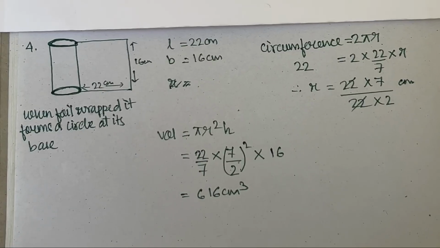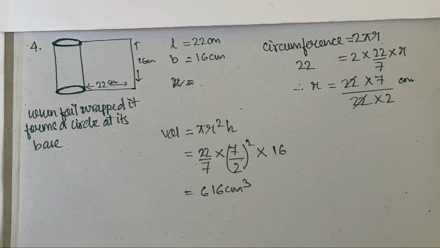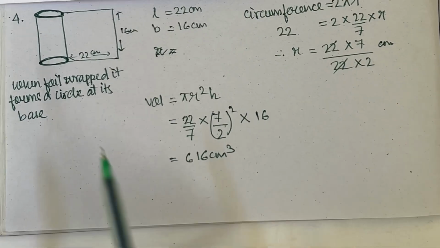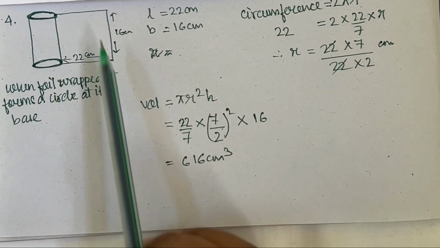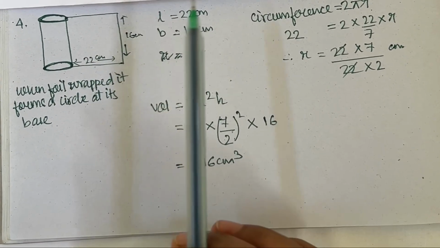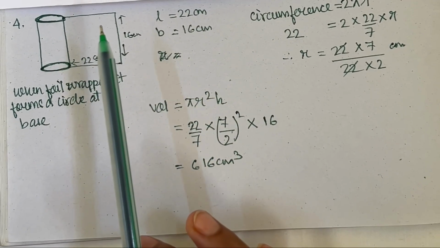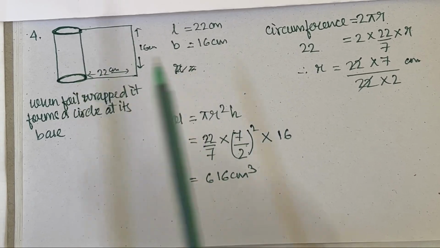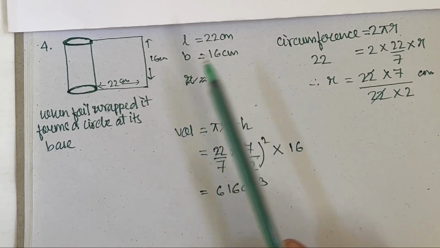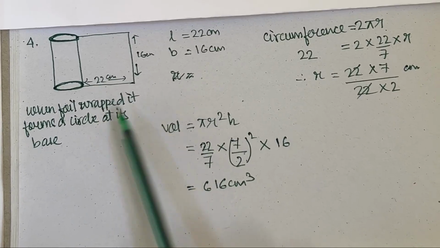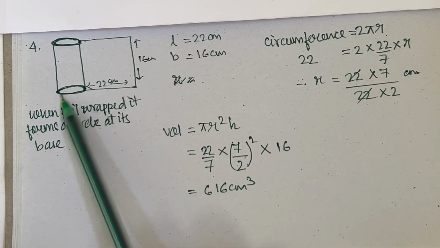For sum number 4, here a rectangular tin foil is provided with base 22 and height 16 centimeter. So it needs to be wrapped to form a cylinder. Now for this, the length is given as 22 and breadth as 16. When foil is wrapped, it forms a circle at its base.